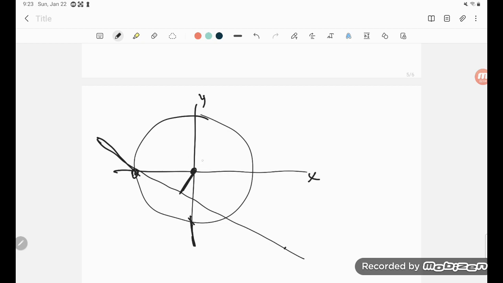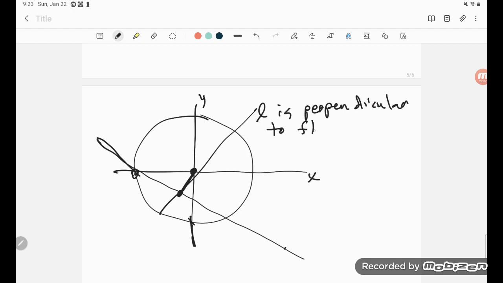And so actually what we want to do is find this intersection where this line, I'll just call it some line L, is perpendicular to flight path.